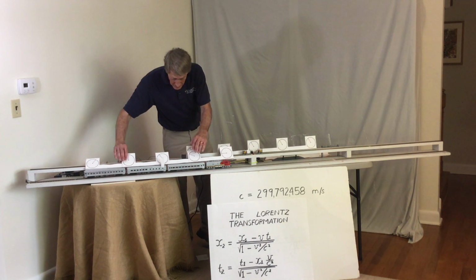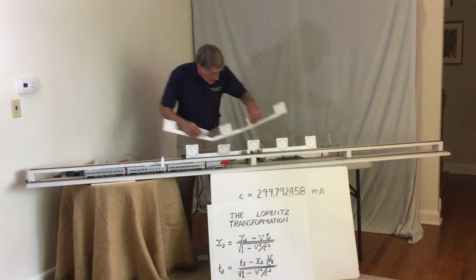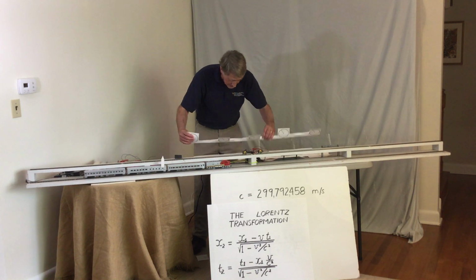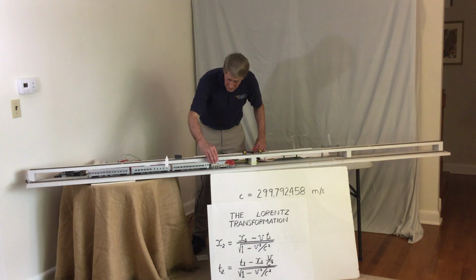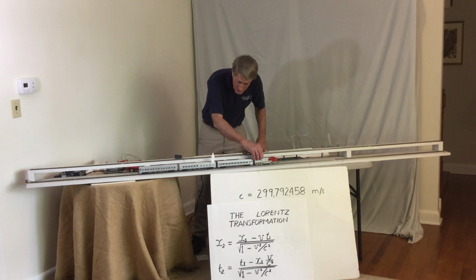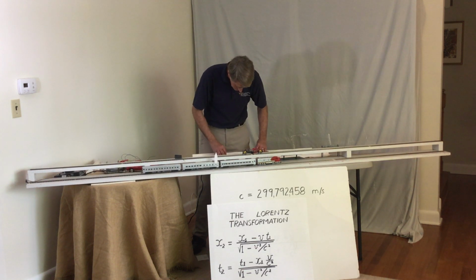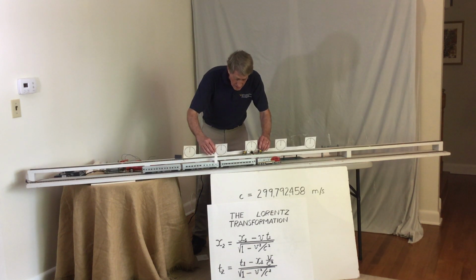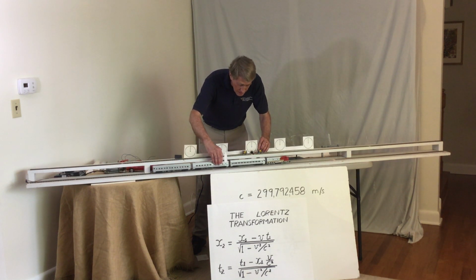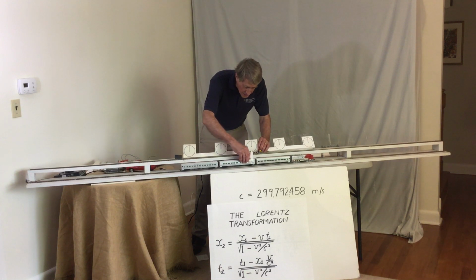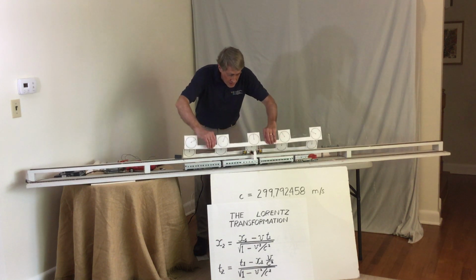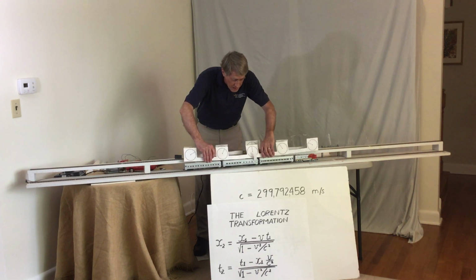Then we'll go on to the next interval of time. We'll move the train closer. At this point, we should have this here and have this like so. So this is the situation that we had just looked at.